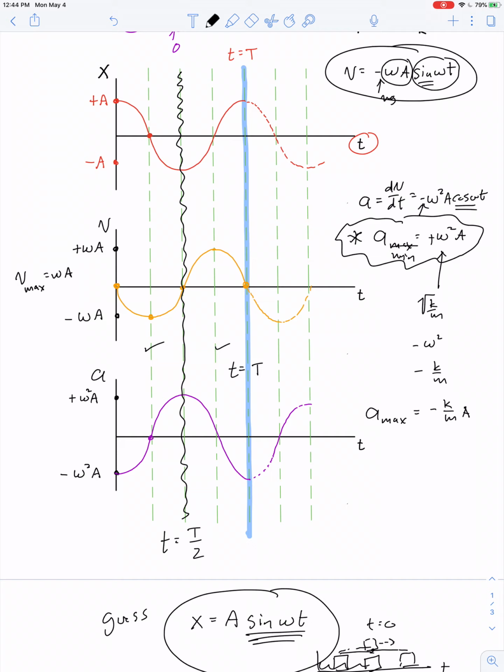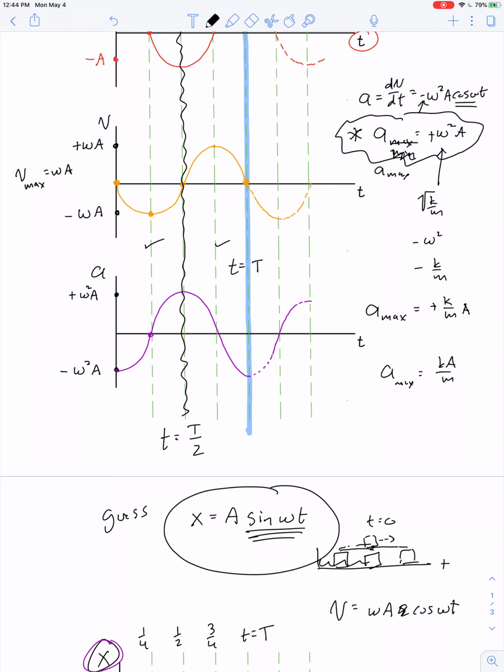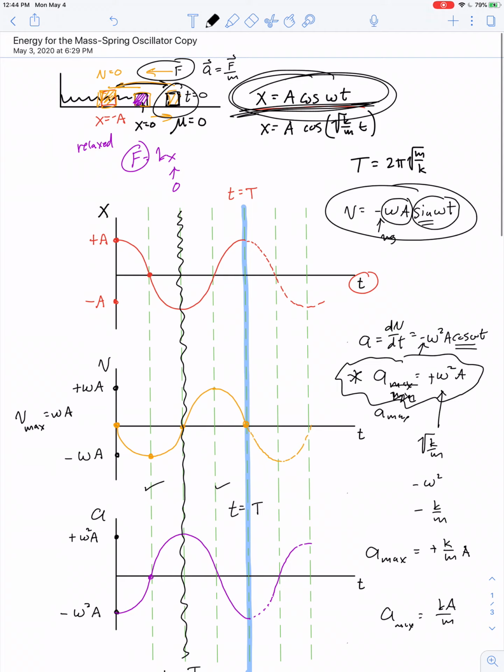But notice what this is saying, that maximum acceleration is kA over m, but I would have guessed that anyway based on a free body diagram of the block when it's in this position. The free body diagram, say there's a force governed by Hooke's law pulling to the left, normal force and gravity cancel each other out, and this force comes from Hooke's law, which says F equals kx.